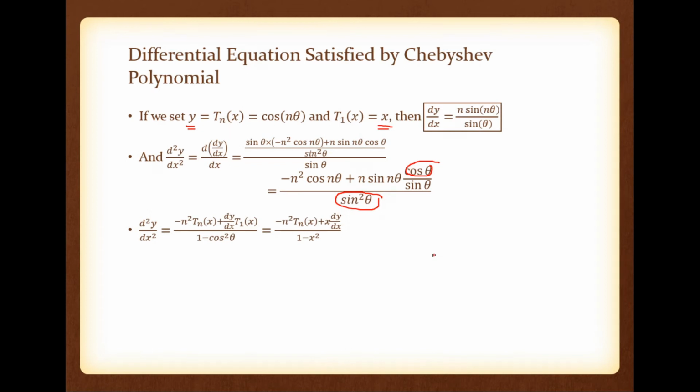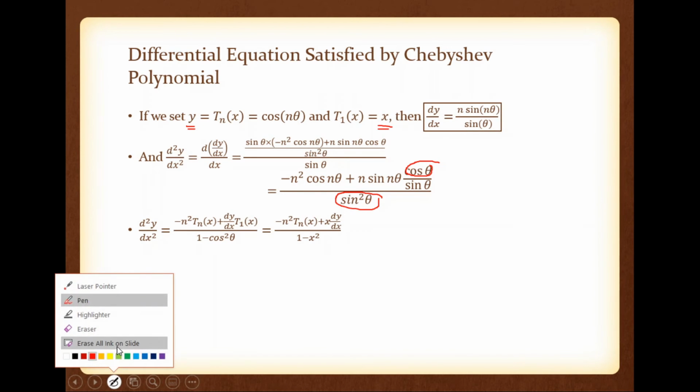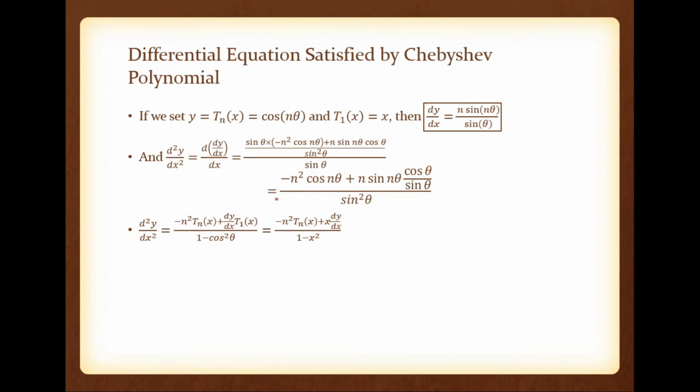So we can write d square y by dx square is equal to minus n square cos n theta, which becomes Tn of x, plus n sin n theta divided by sin theta, which becomes dy by dx. The remaining term is cos theta, which becomes T1 of x, all divided by sin square theta, which becomes 1 minus cos square theta. One more thing we can do: in the denominator 1 minus cos square theta, cos theta is x, so cos square theta is x square.